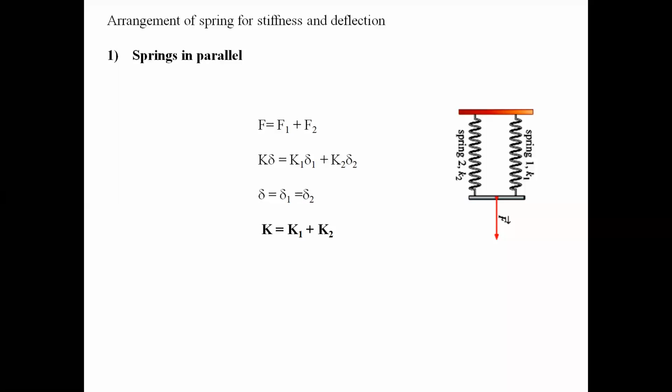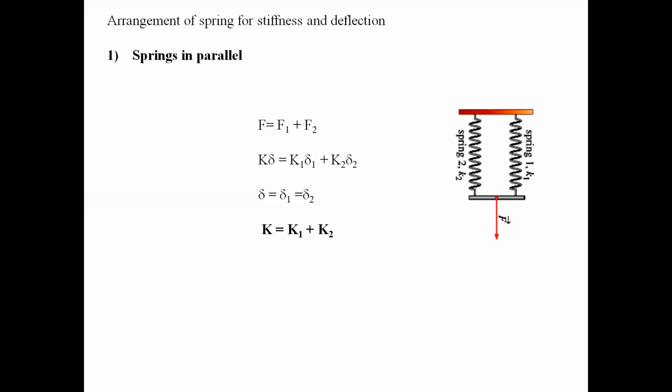If you just look at the picture, you will find that there are two springs, spring 1 which has k1 as its stiffness, and spring 2 which has k2 as its stiffness, and the force is applied on them. As the force is applied, obviously the force is divided between the two springs. So force F is equal to F1, the force on spring 1, plus F2, the force on spring 2.